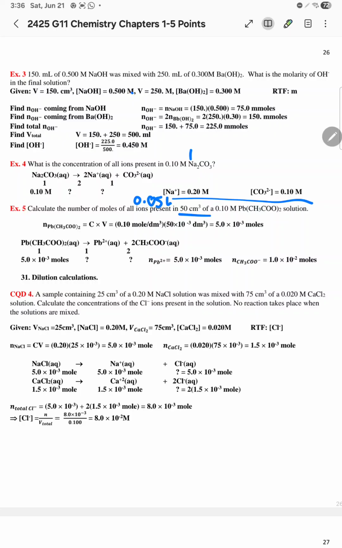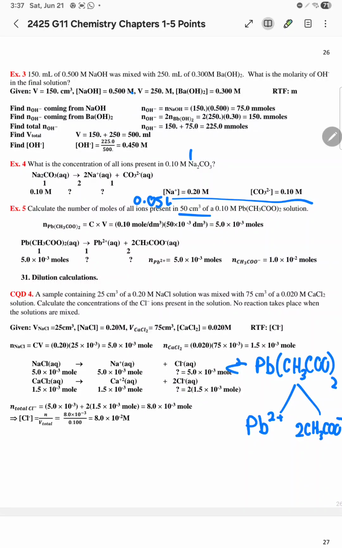Once you see something like this, we need to know it dissociates into Pb2+ and 2 CH3COO minus. Now we need to find the moles of the full thing, which is 0.05 times 0.1, which is going to give you 5 times 10 power negative 3.